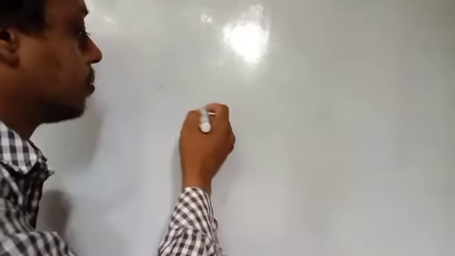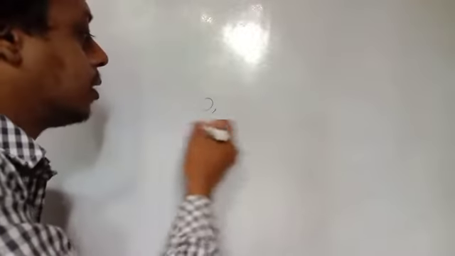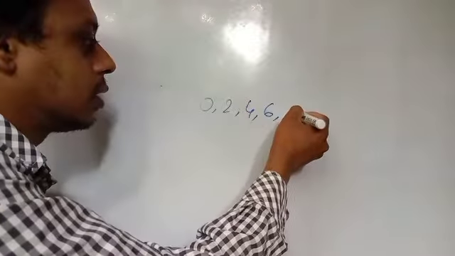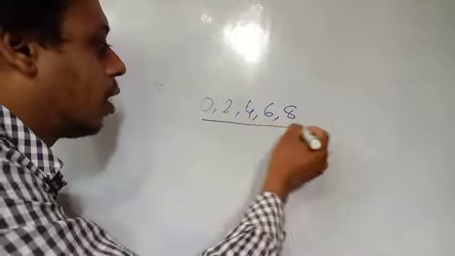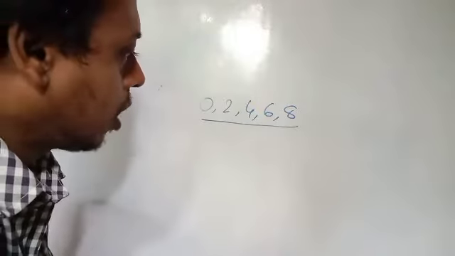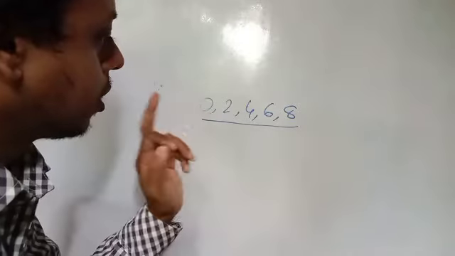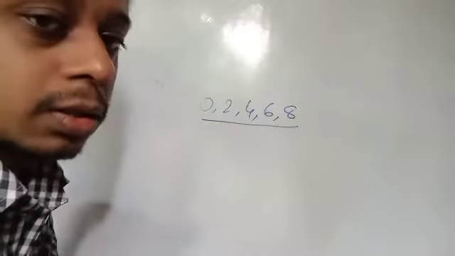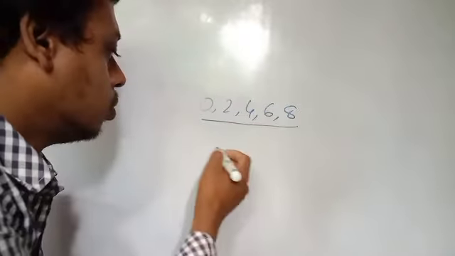All the even numbers. So if there is 0, 2, 4, 6 or 8 in one's place of a number, then the number will be divisible by 2.